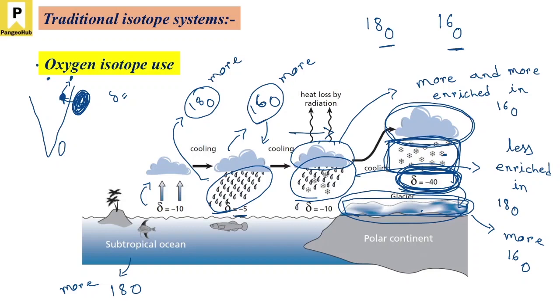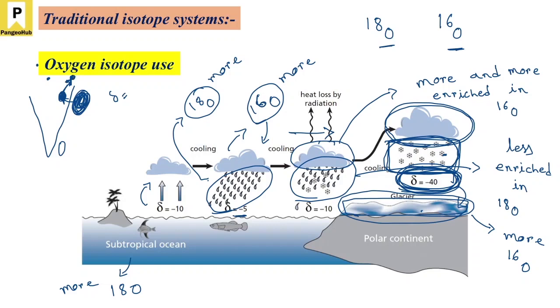Now here in the first rain, the isotopic value or the delta value will be closer to zero. Then in the next rain, the value will be very negative. Obviously, the value will go negative and negative again whenever it rains from now on.